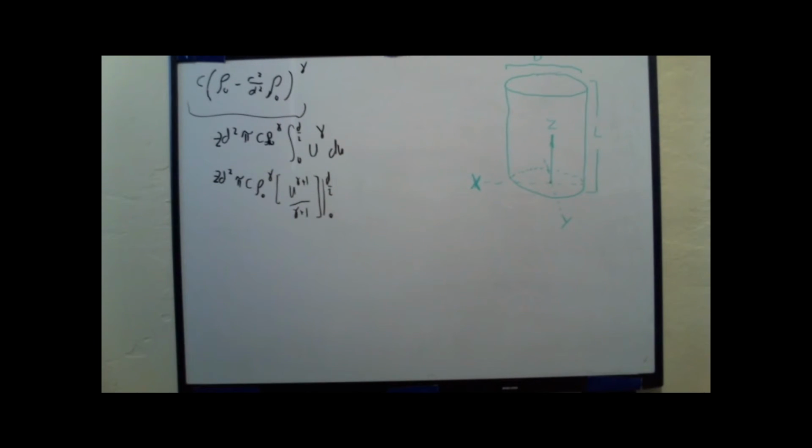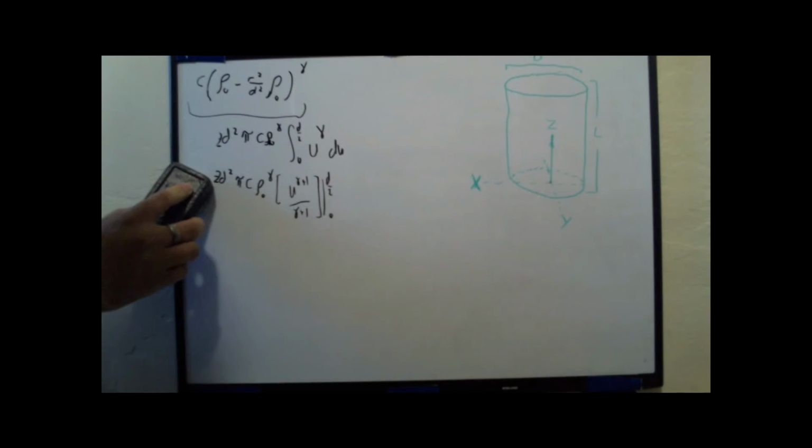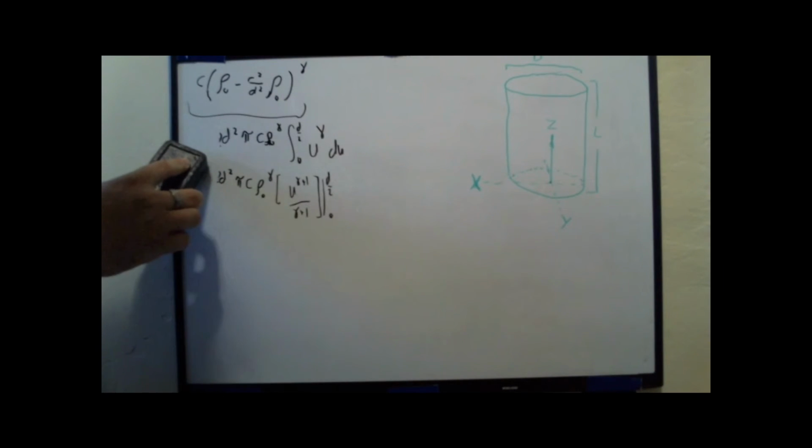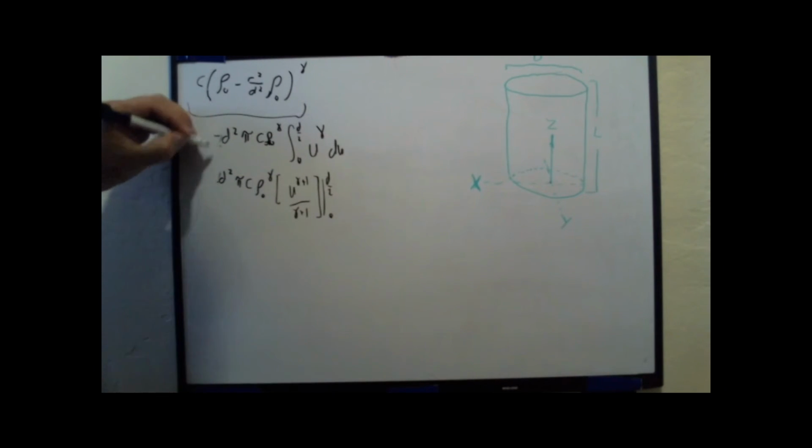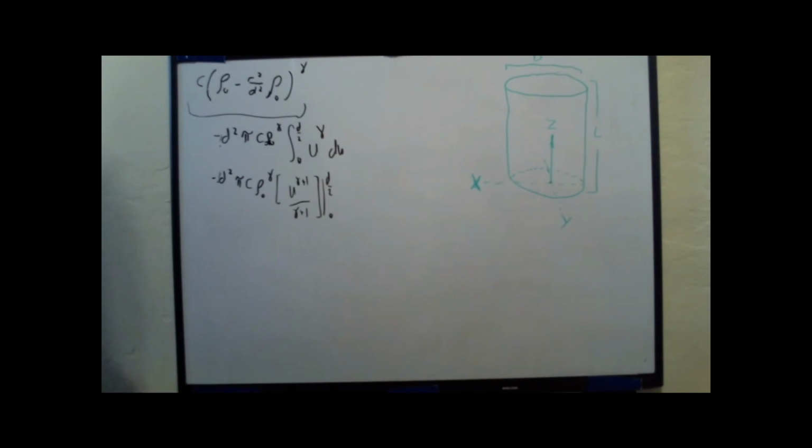Made a little mistake here. That shouldn't be negative 2d squared because my differential was 1/2, and so that canceled out. So it is negative d squared.